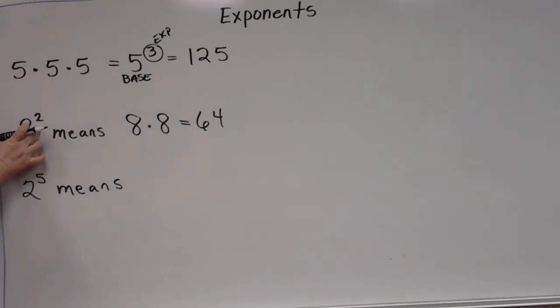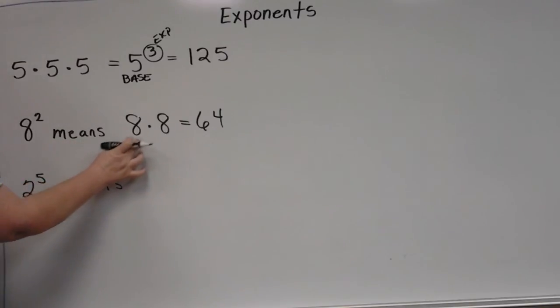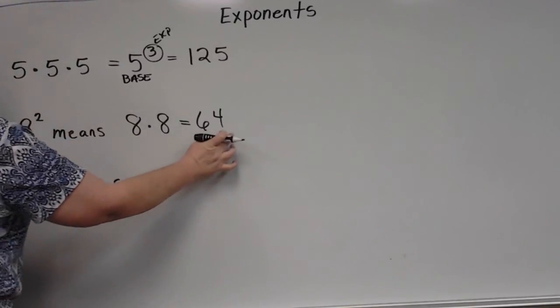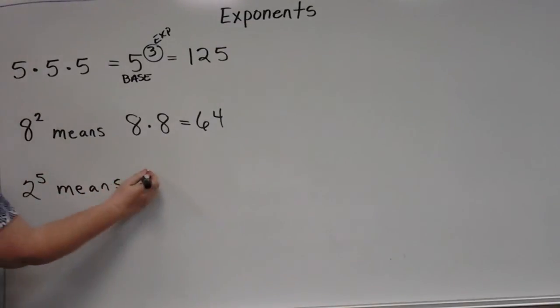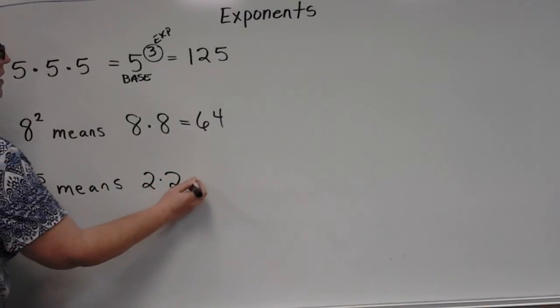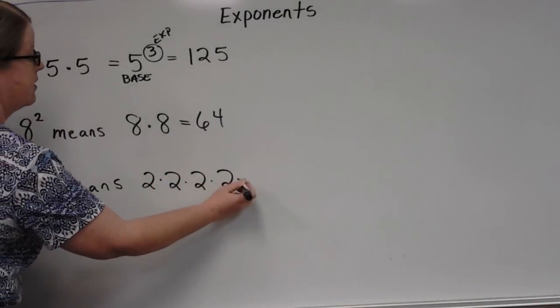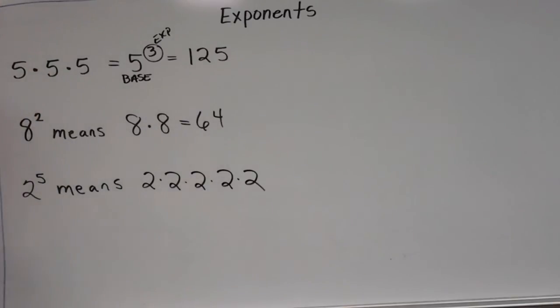8 to the second means 8 times 8, so that's 64. 2 to the fifth power means 2 times 2 times 2 times 2 times 2. I had to write the base, which is 2, down 5 times. That's what the exponent means.